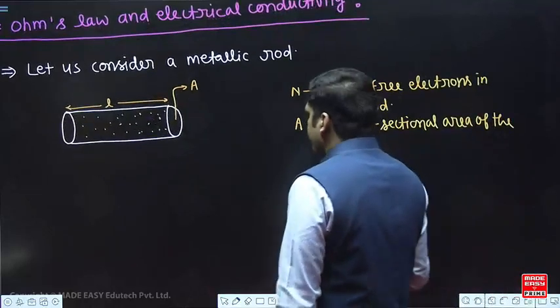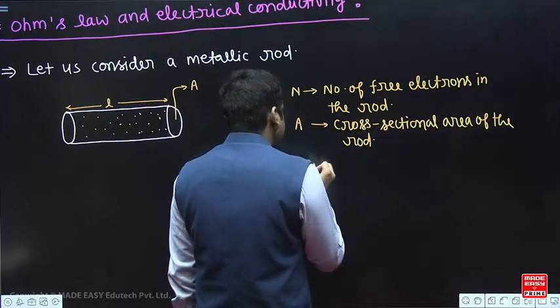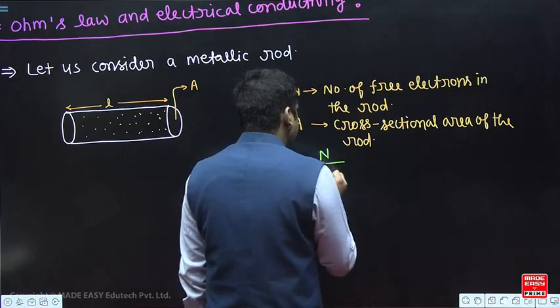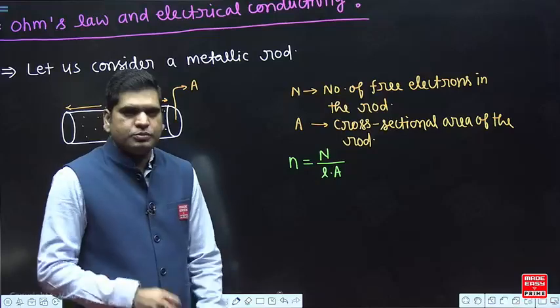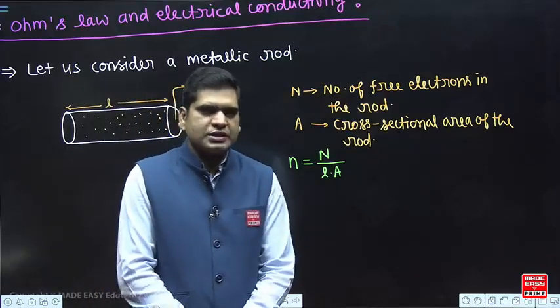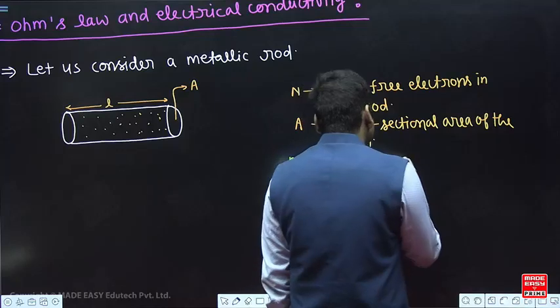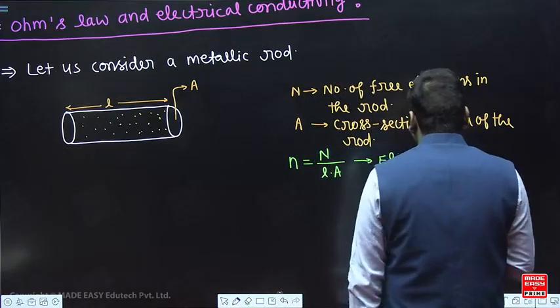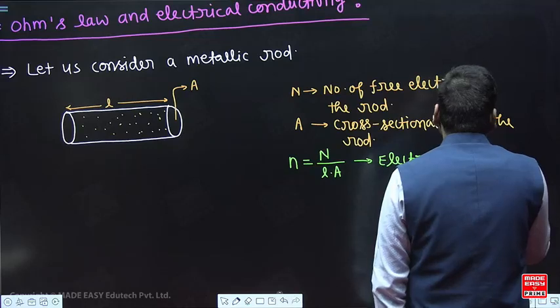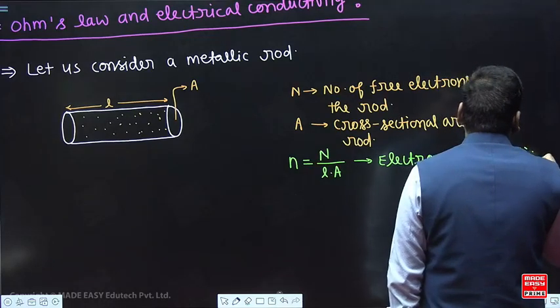Then we can have one quantity defined as N upon L into A. This is the number of electrons per unit volume. Something per unit volume is known as concentration of that thing. So this small n is known as electron concentration. Electron means by default free electron. Anywhere if I am writing electron, it means free electron.